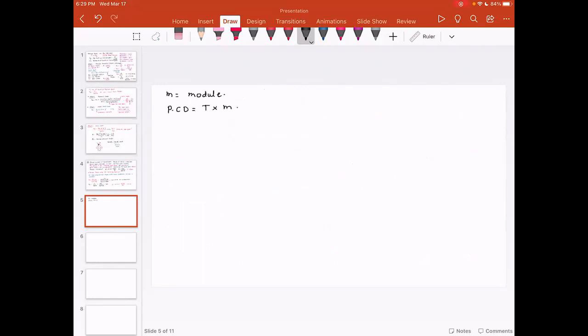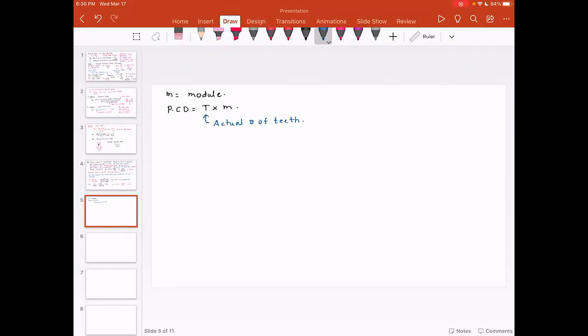And a word of caution: this is the actual number of teeth. The equivalent number of teeth come into the picture only when we are trying to find out the form factor. If we are not finding the Lewis form factor, we will work with the actual number of teeth.